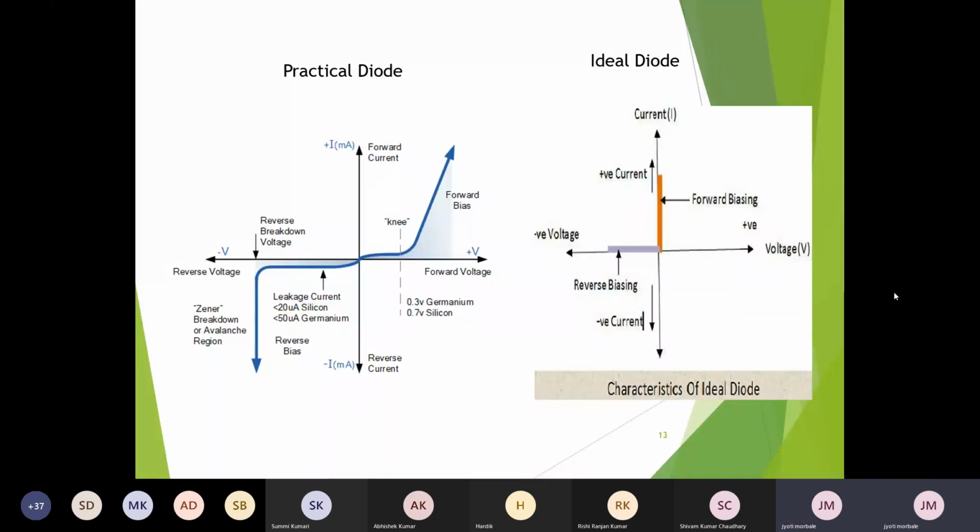The resistance of the diode when it is forward biased, ideally it should be zero and practically it should be very small. In a reverse bias state, ideally the resistance should be infinite, practically it should be very high. In a reverse bias state, some reverse saturation current is observed, that is because of leakage current.